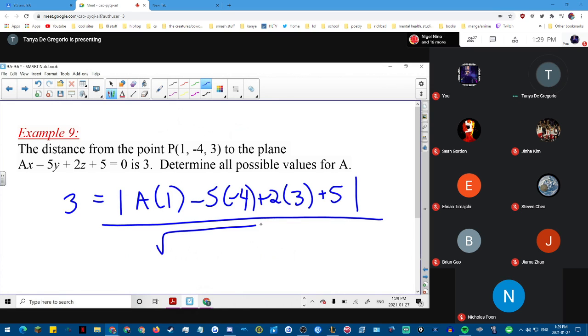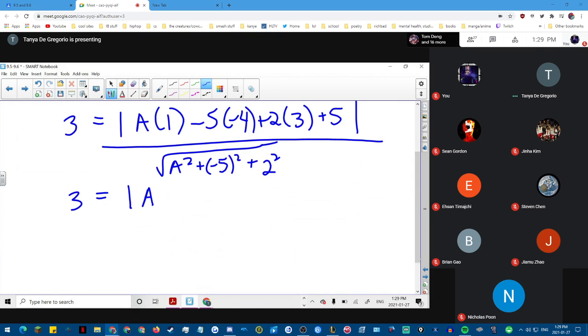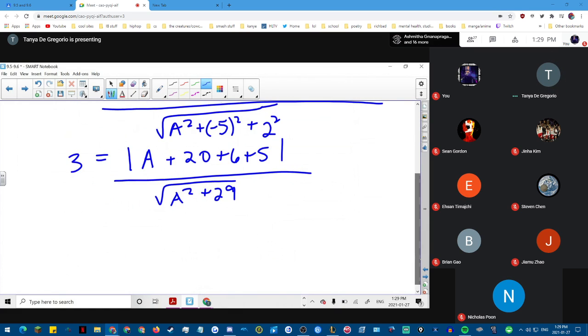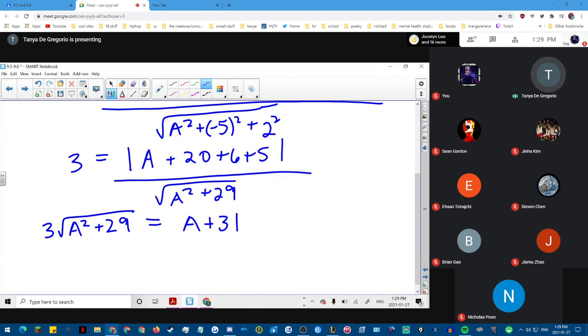And then it's the square root of a squared plus negative 5 squared plus 2 squared. Okay, so this is what I have. 3 times, multiply across there, right?